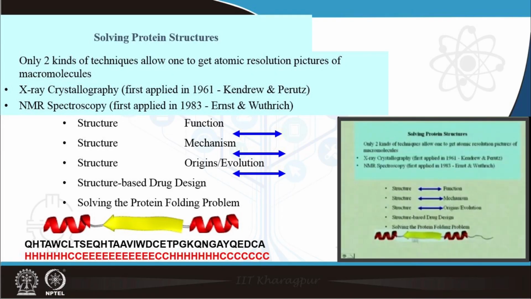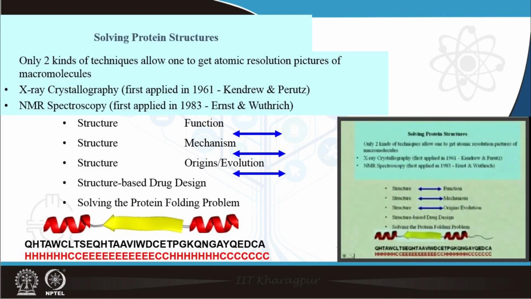So, say we have something like this. We have a random coil, we have an alpha helix, we have a beta strand, and we have an alpha helix here. What we want to know is, this is, say, the sequence in one letter code. What do I want to know? I want to know whether H means helix, C means coil, and E means extended sheet.